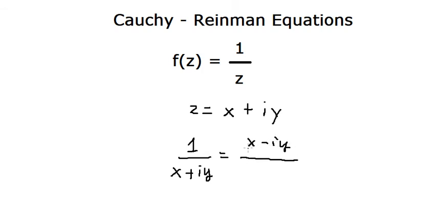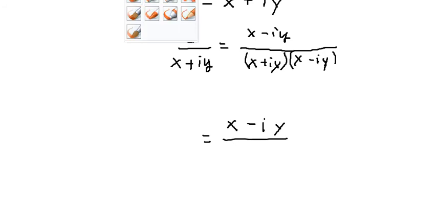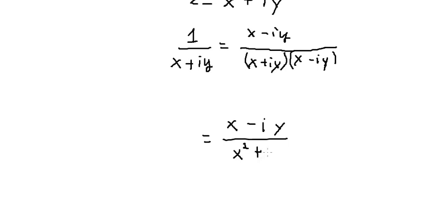So we got x minus i y over x squared plus y squared.